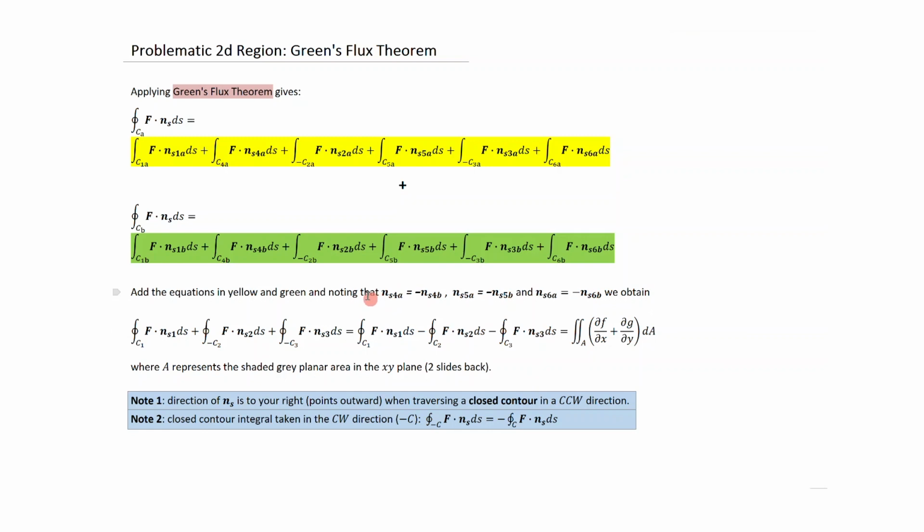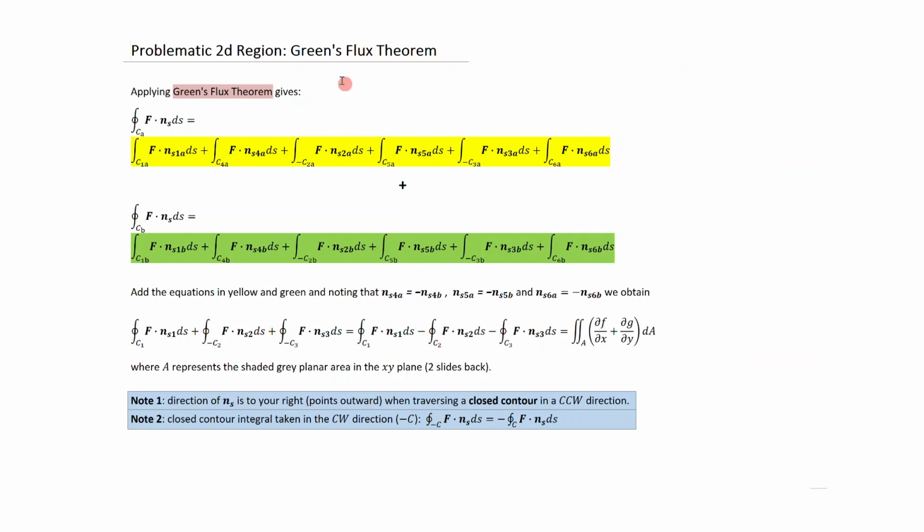And so when we add these two together, we'll get cancellation of those terms, leaving you with a final expression that looks like this, similar to the one we saw for the circulation theorem, minus C2 minus C3. But we can basically reverse the direction by putting a minus sign in front, in which case this just becomes C2 with a minus, C3 with a minus, and we end up with this expression.